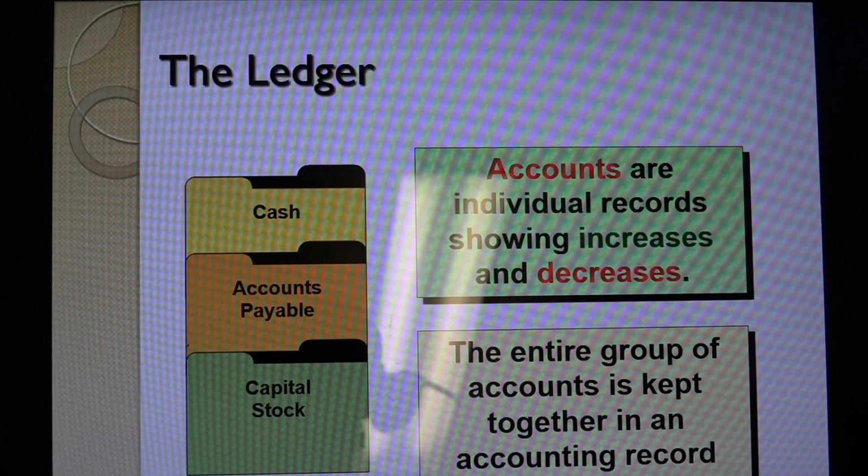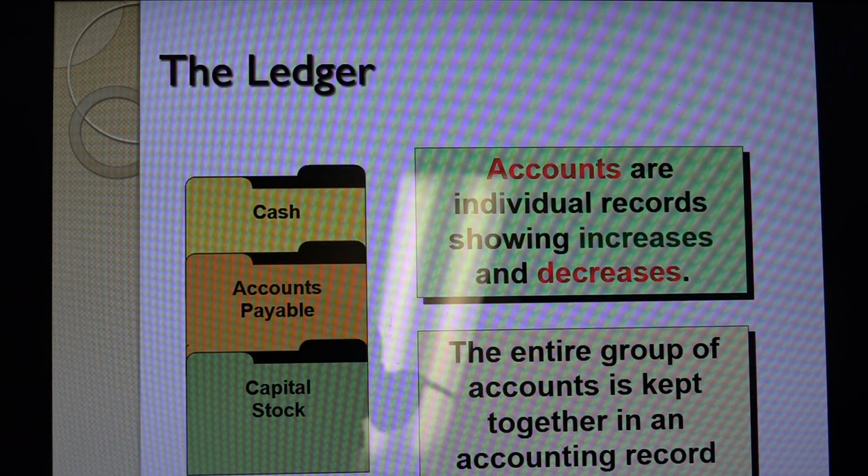Now, one of the things we'll look at, one of the things that is used in these accounting records, very important, is the ledger. The ledger holds all of your accounts, assets, liabilities, and owner's equity accounts.